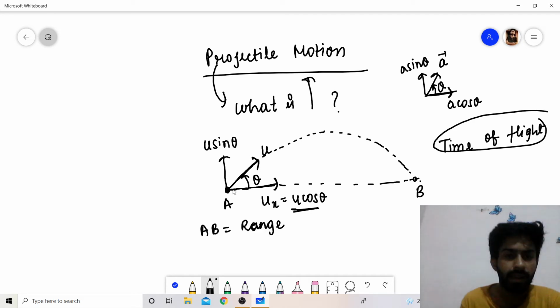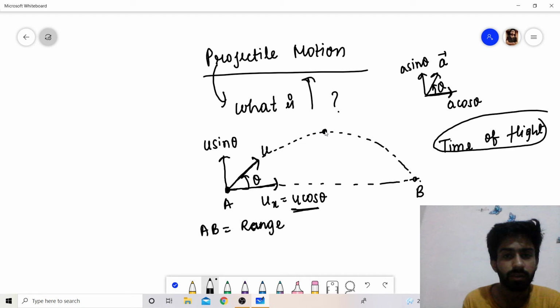And as the body moves upward in the vertical direction, the velocity of this ball becomes zero when it reaches its maximum height. So this is called the maximum height, where the velocity of this ball becomes zero.